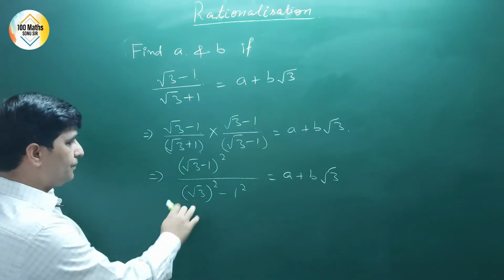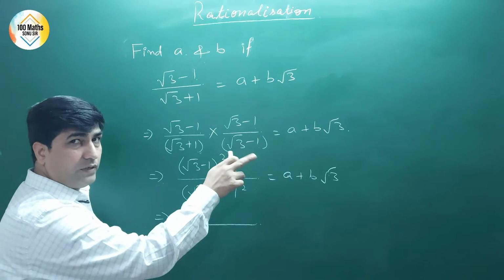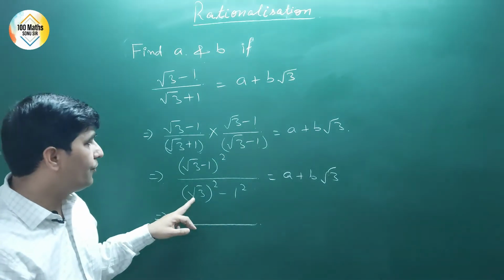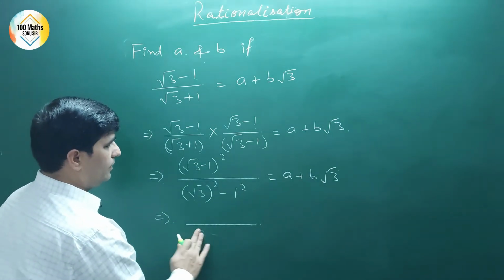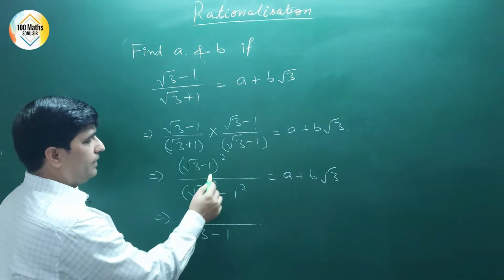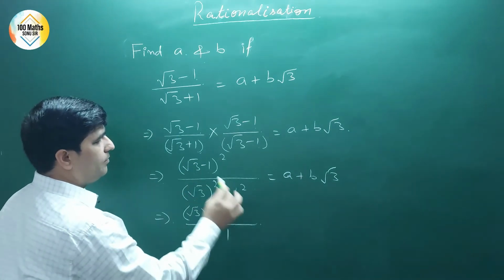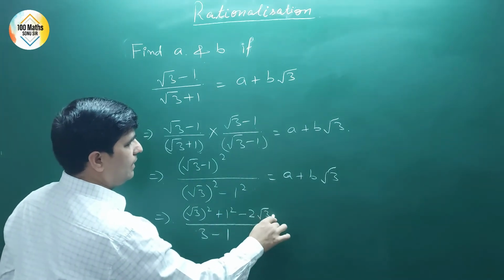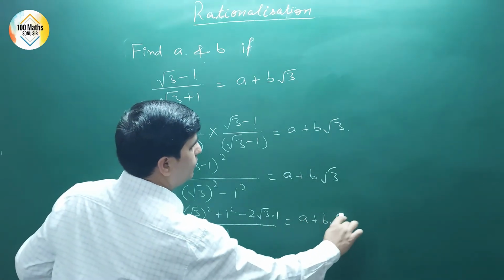Now look at this, what is coming? Root 3 square. We have done root 2 square and you know it was coming 2, right? So same case is here, root 3 square will be 3 only. So 3 minus 1, and a minus b whole square, open it: a square plus b square minus 2ab. So minus 2ab means 2a is root 3 and b is 1, equal to a plus b root 3.